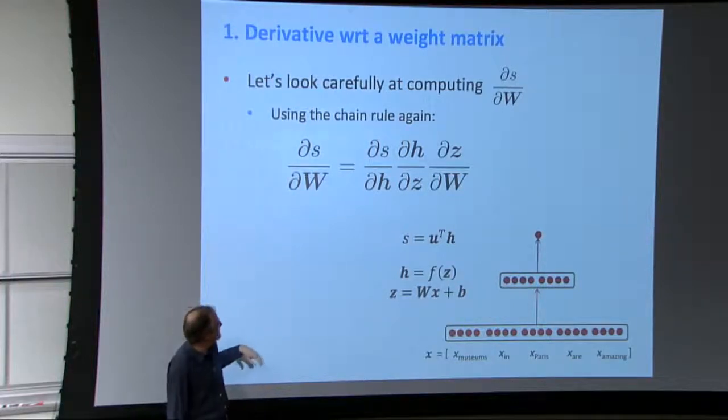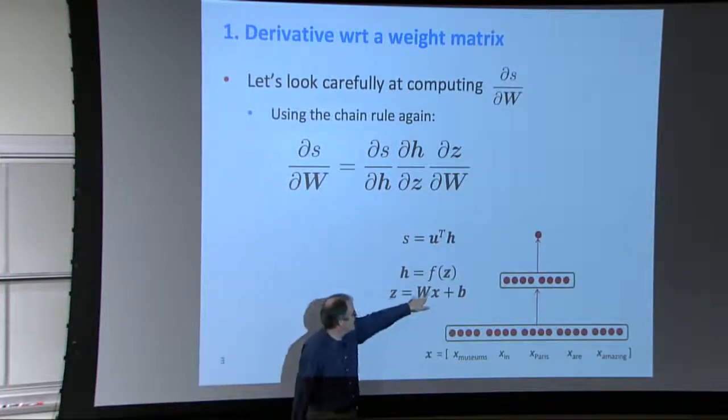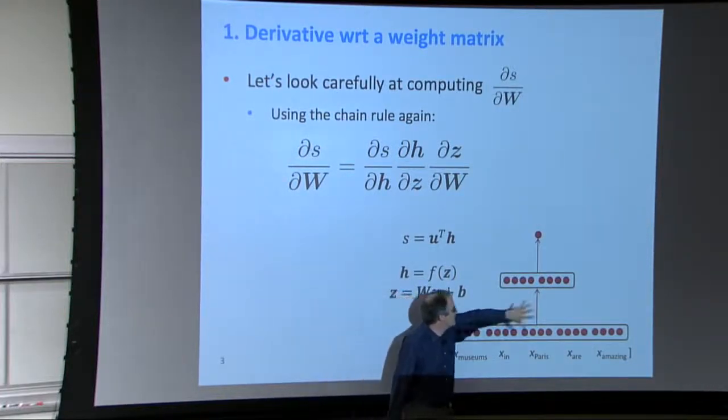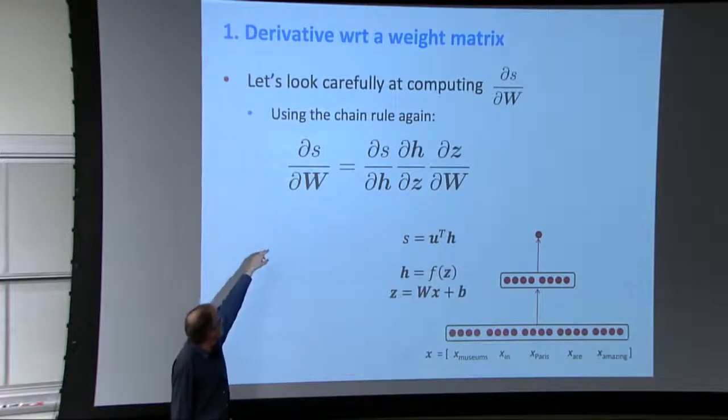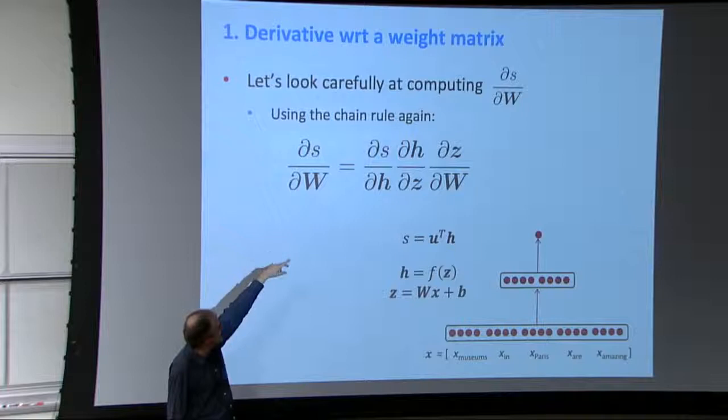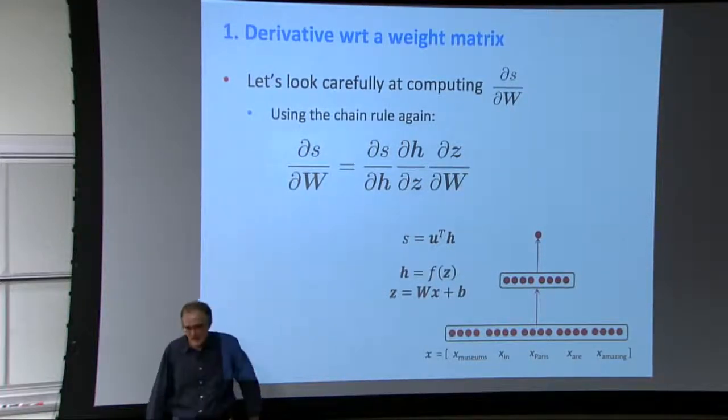We did various of the cases, but one we hadn't yet done is the weights, and the weights are all of this neural net layer here. So, chain rule: the partial of ds/dW is ds/dh times dh/dz times dz/dW.